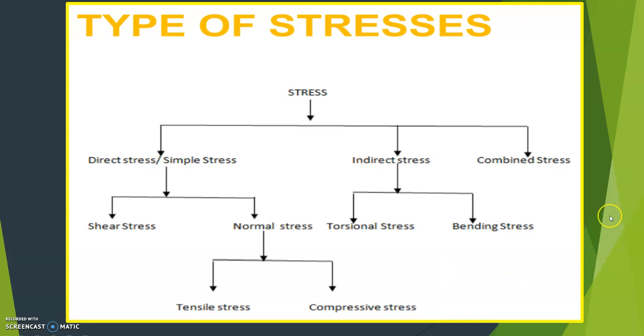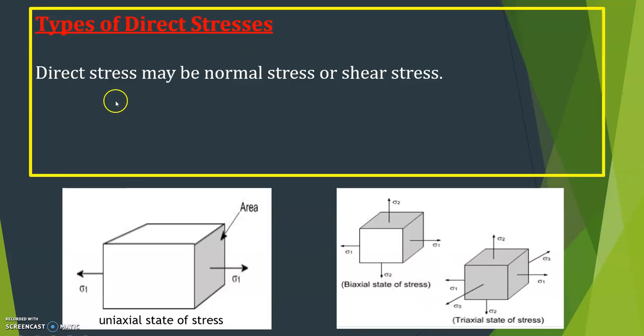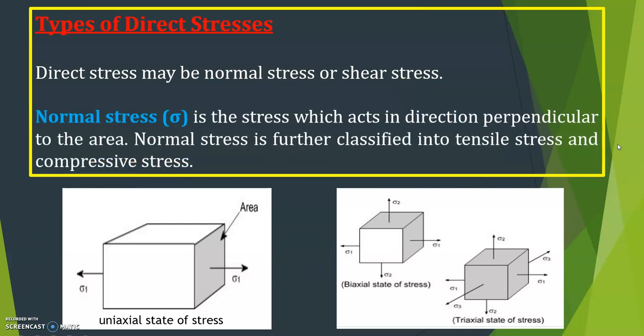Under this, I have already told that direct stress may be a normal stress or shear stress. First we will deal with the normal stress, then we will go to the shear stress. What is this normal stress? Normal stress is the stress which acts in direction perpendicular to the area.